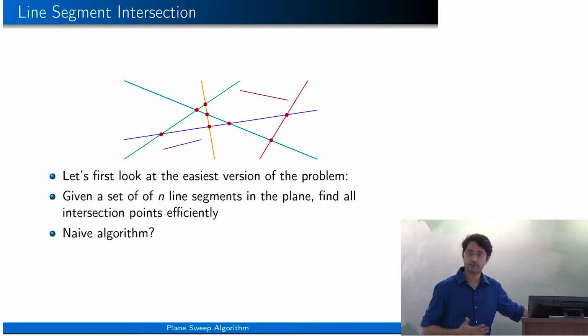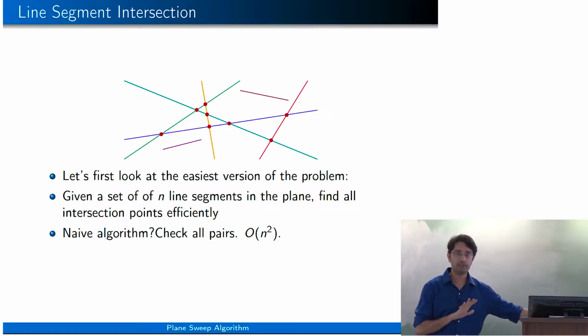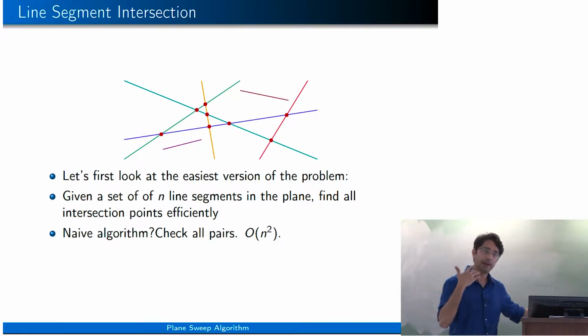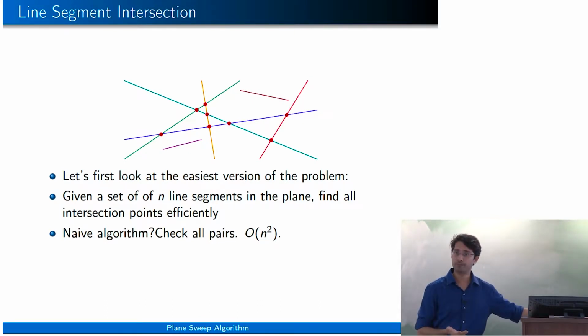N choose 2, that is, for computer scientists, n square. This is a naive way to solve this problem: given a set of n line segments, pick any two and see whether they intersect or not. The total choice of pairs is NC2, that is order n square. So, in order n square time I can solve this problem, correct?